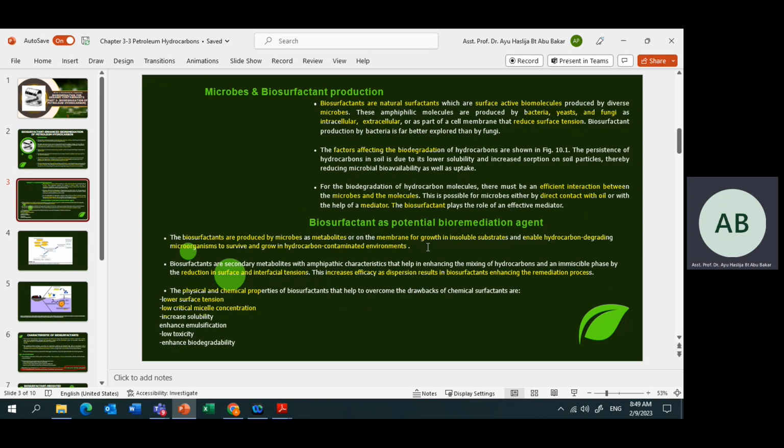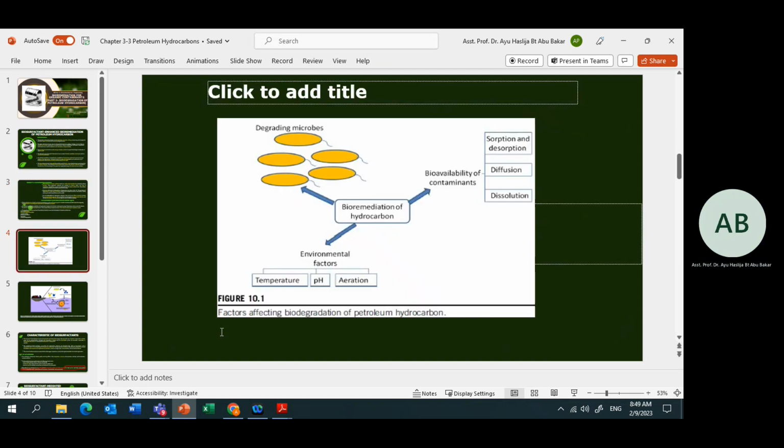There are various types of biosurfactants and also the properties of biosurfactants. This is how they bioremediate the petroleum hydrocarbons: they clump together the petroleum hydrocarbons, release the biosurfactant and degrade them.